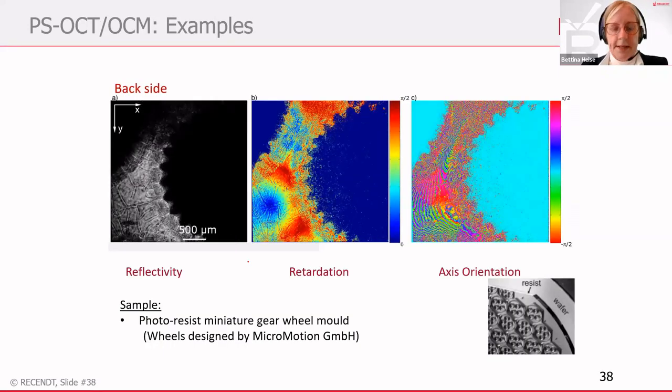Finally coming to the end, I think I must come to the end. Here are some applications from polarization-sensitive OCT modalities, where you can see that information is also encoded.